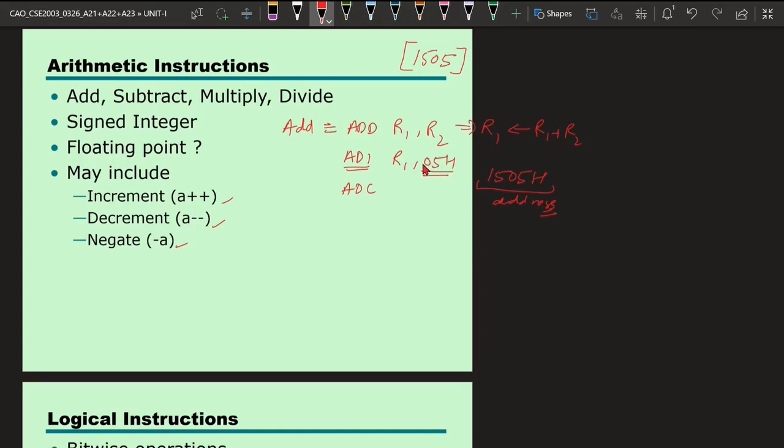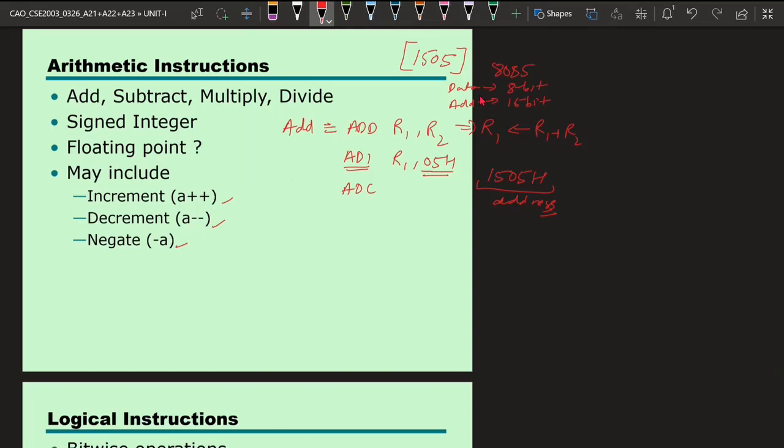Once we go through the architecture of the CPU, that will be clearly visible. Suppose we are studying the 8085 processor. In the 8085, the data lines are 8-bit and the address lines are 16-bit.